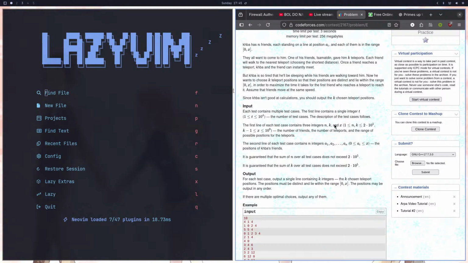And K. K minus 1. क्या? The first line of test is N, K and X. ठीक है. The number of friends, the number of teleports, and the range of.